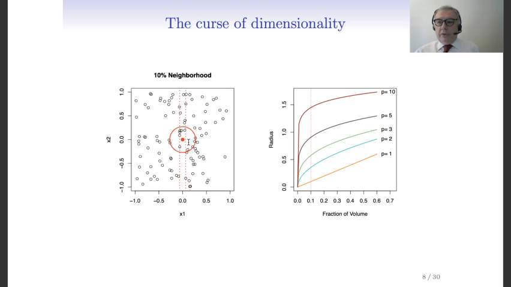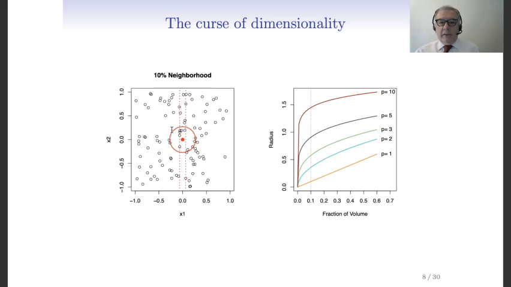But if I consider two features, x1 and x2, now the notion of neighborhood is given by a radial distance. A point is a neighbor of the red one if its distance measured in a Euclidean way is small enough.